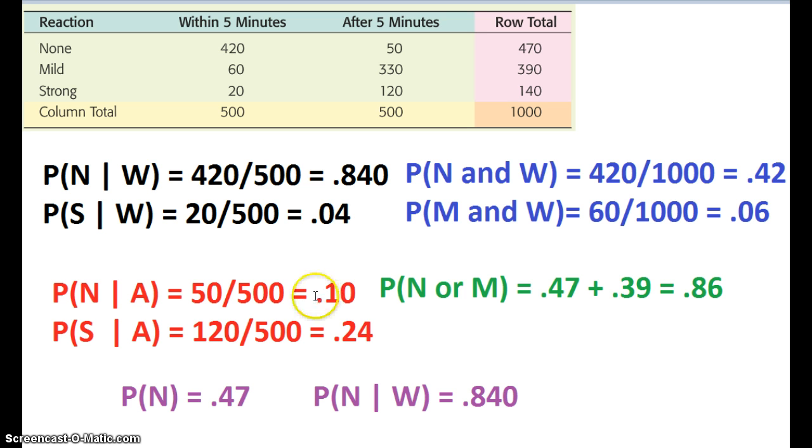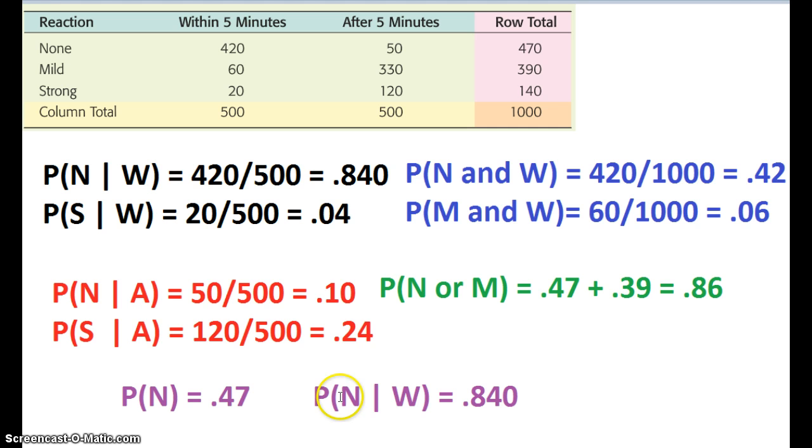That's the definition of independent: the probability for one event doesn't affect the other. But washing is affecting your reaction. And just to look at the math clearly written out, the probability of no reaction was 0.47. 470 people out of the 1,000 had no reaction. If they're independent, this should also be 0.47.